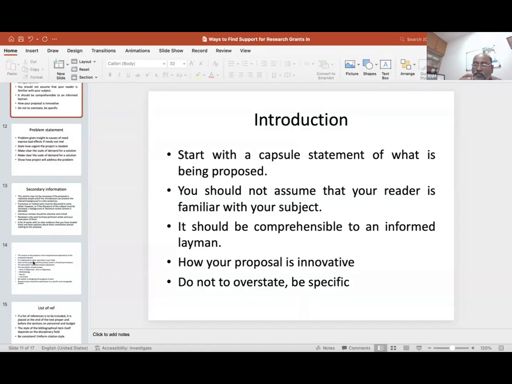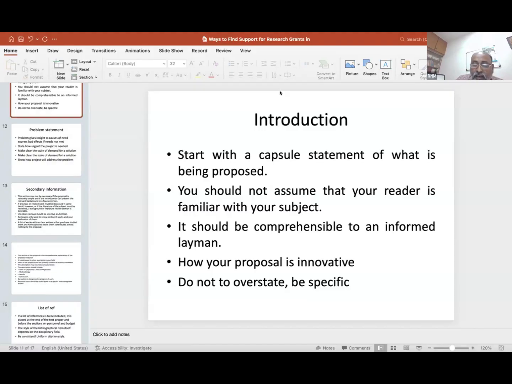So in introduction, what we generally do, if it is a condensed thing, let's say they don't look for more than 1500, 2000 words, then you focus more on why this issue is bothering you, why it should be bothering policymakers, why this issue needs to be relooked because somebody has already looked at it, that's why some intervention is already going on, but that is not sufficient, and how you are going to improve, and by what means, and how your means are better than what has been already employed earlier.